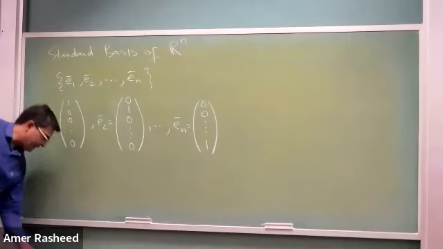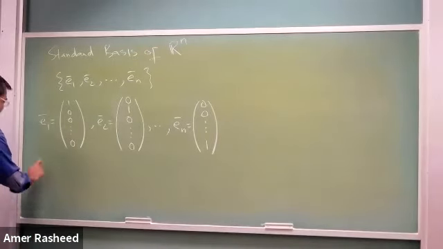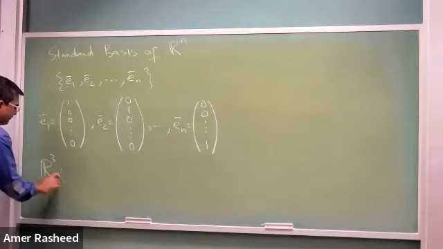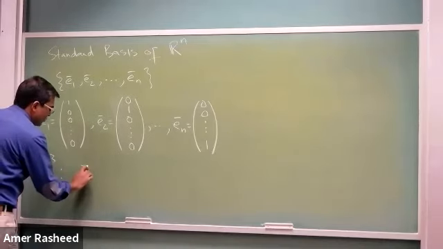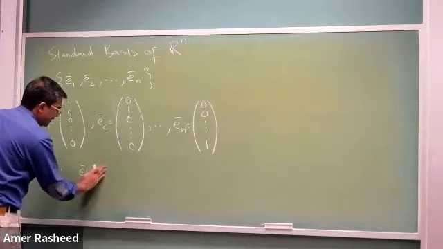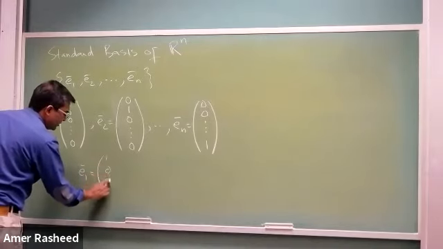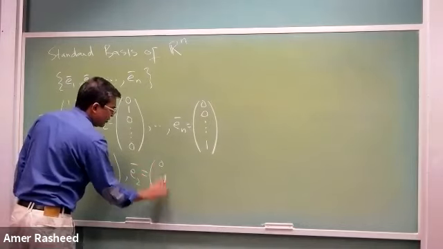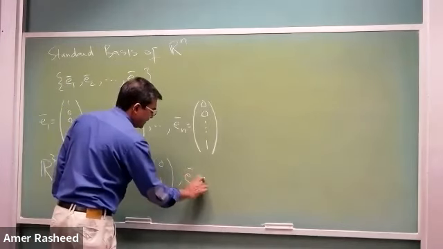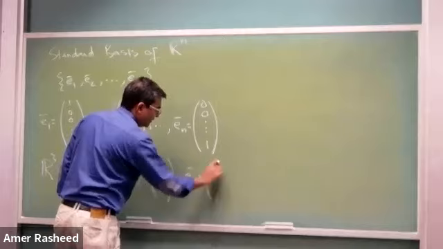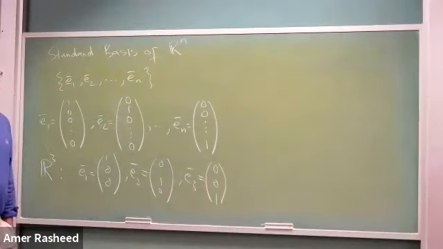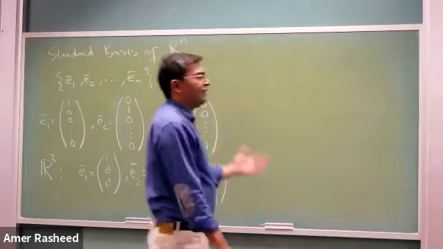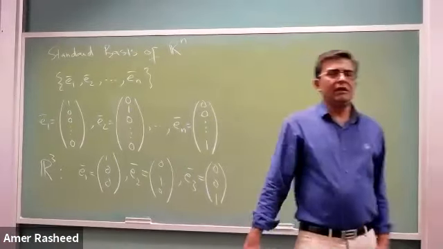If we write the standard basis of R cube, it is basically e1, which is 1, 0, 0; e2 is 0, 1, 0; and e3 is 0, 0, 1. These are called standard bases of Euclidean spaces R2, R3, R4, and so on, Rn.